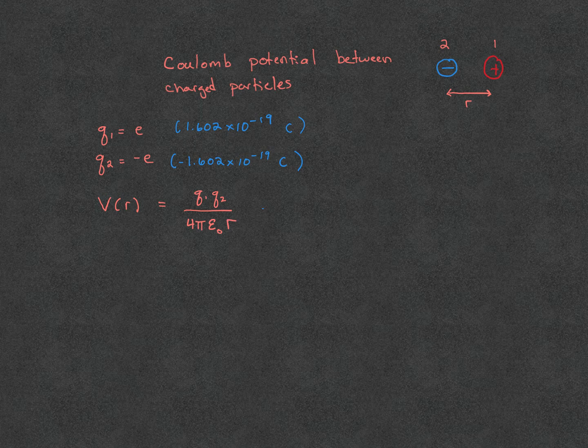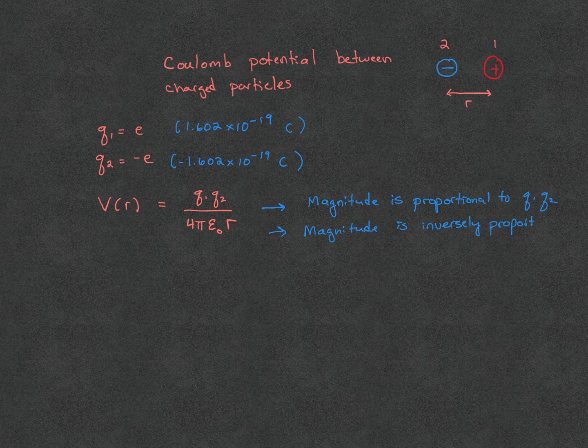So just a couple of side notes about this potential, right? The magnitude is proportional to the product of Q1 and Q2, and the magnitude is inversely proportional to R. So the larger the product of Q1 and Q2, the larger the magnitude of the potential, and the larger the separation between Q1 and Q2, the smaller the magnitude of the potential.